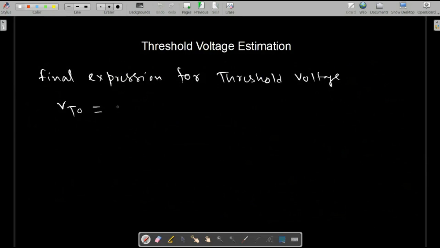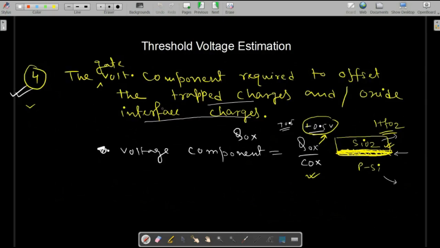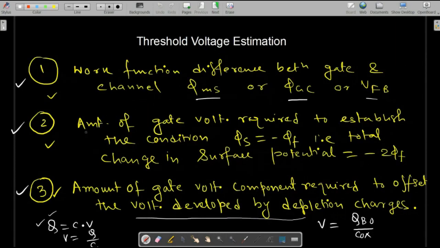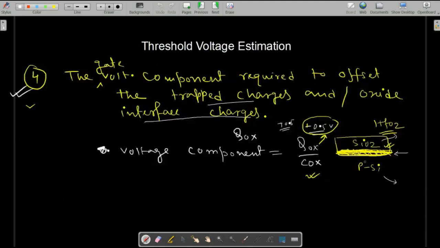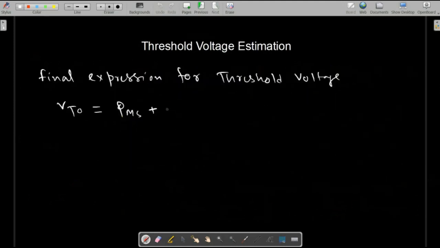Okay. That is phi ms. Second component is the amount of gate voltage required to establish the condition phi s equal to minus phi f. That is the total change in surface potential will be minus 2 phi f, plus of minus 2 phi f.